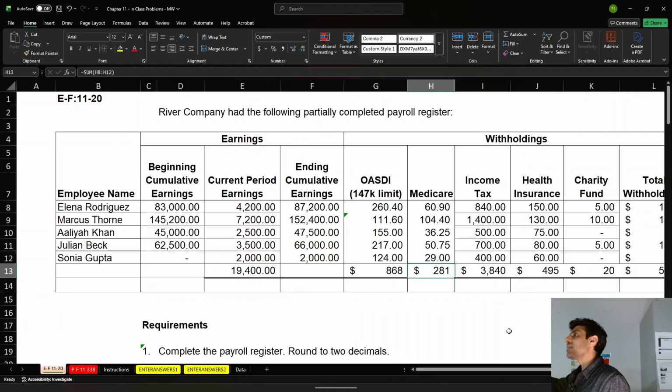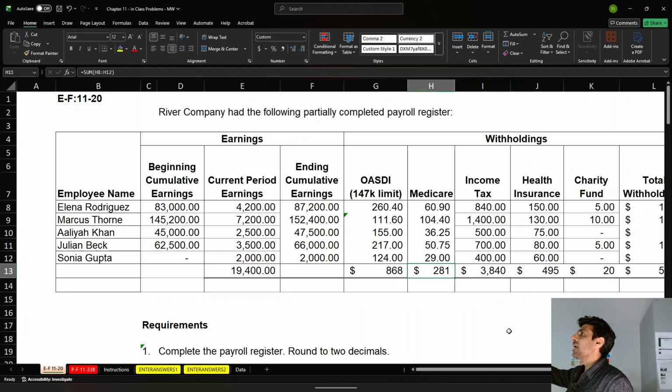For SUTA and FUTA, there's only one employee here, because it's only on the first $7,000 of earnings. You can see that all the employees except for one have already earned over 7,000 by the start of this pay period. So we as the employer had already paid it.